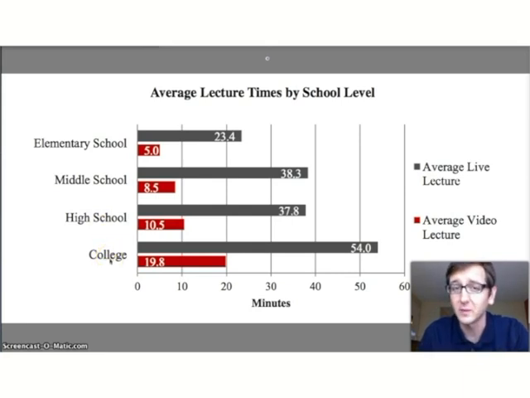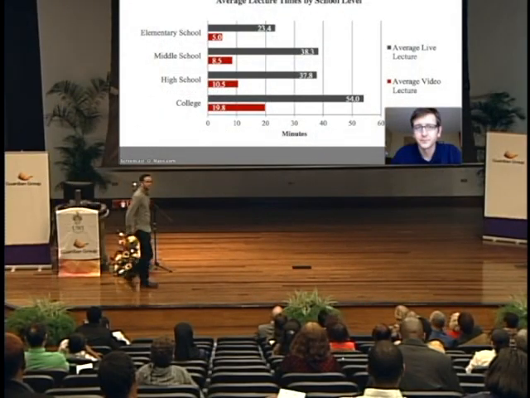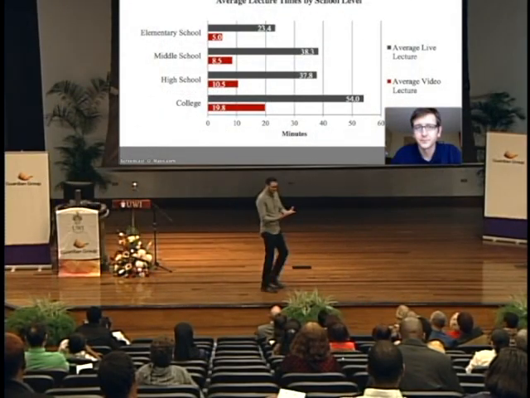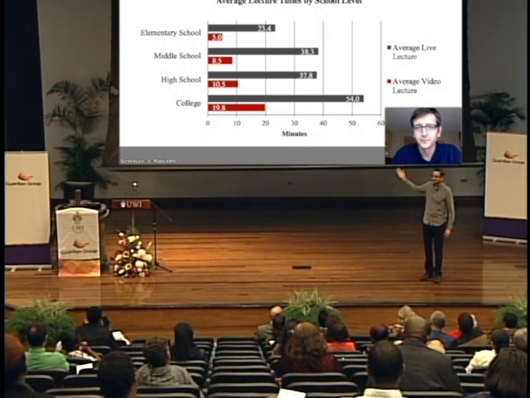Also for faculty meetings, staff meetings in school, it's about a 3 to 1 ratio for live talking compared to what could be condensed to a video. And also professional development is usually about 3 to 1 as well. When we first collected these data, I looked at the result and it said, there's no way.